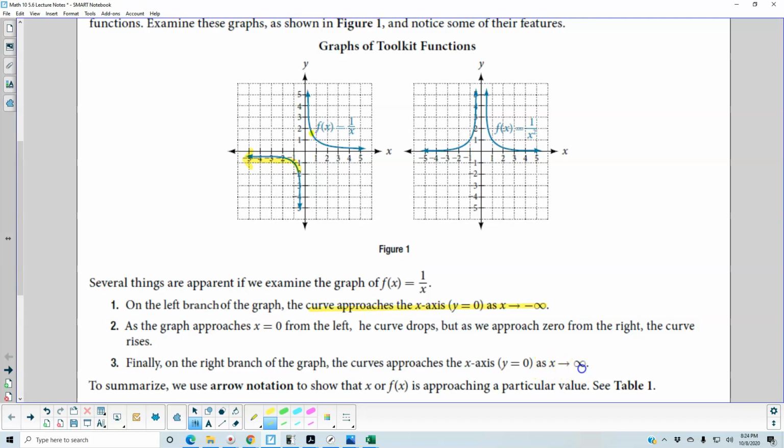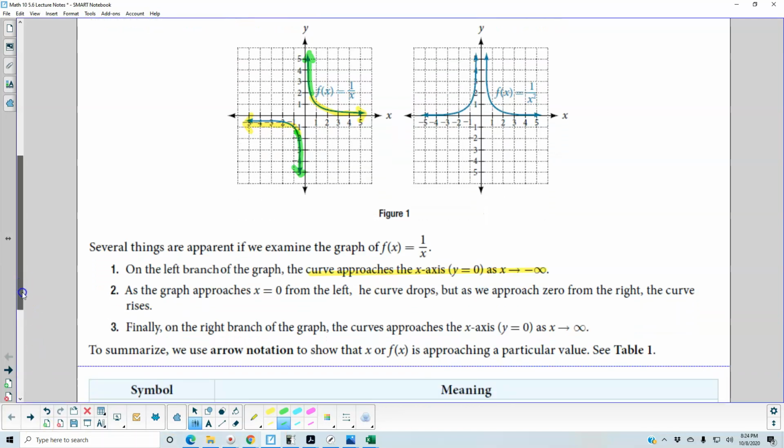As it approaches the y-axis on the left, it's going towards negative infinity, and on the right, it's approaching positive infinity.